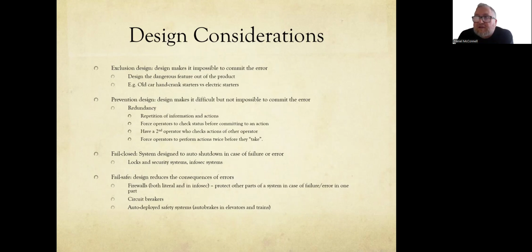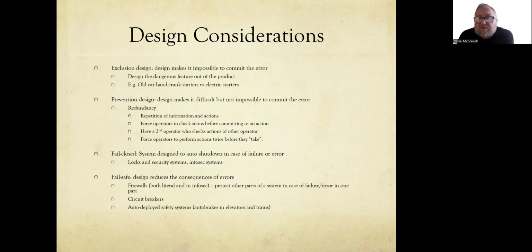I also list under here having a second operator, right? Here's a pretty unusual, extreme example: the idea of launching a nuclear missile, right? You usually would have to have two operators, right? Each one gets their own key and they stand several feet apart so that one person could not do this. They each insert their key into a special keyhole and turn them at the same time.